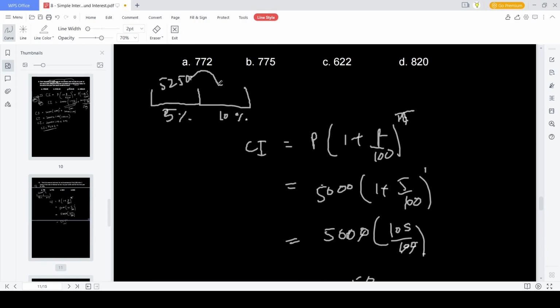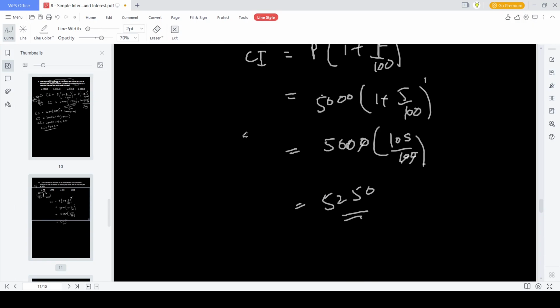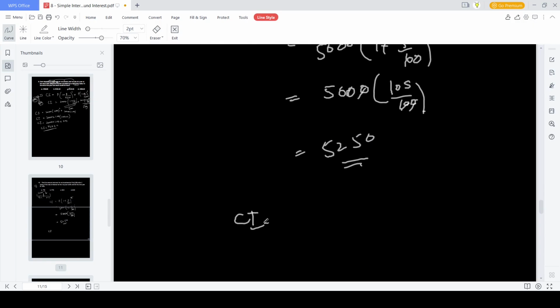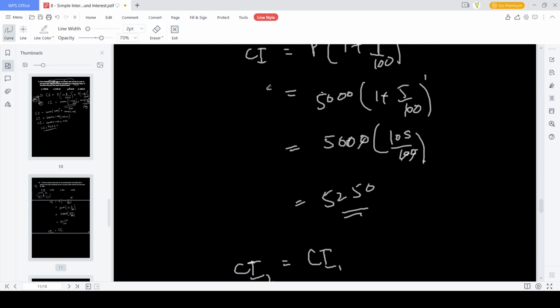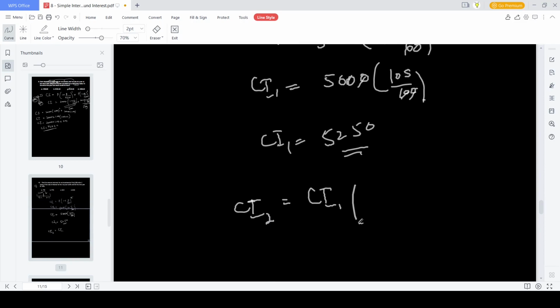Now this amount is compounded once in the second year, but at the rate of 10%. So the compound interest at the end of the second year will be nothing but the amount at the end of the first year, which is again compounded, into (1 plus r by 100), where r is r2 because it's 10%, to the power t.